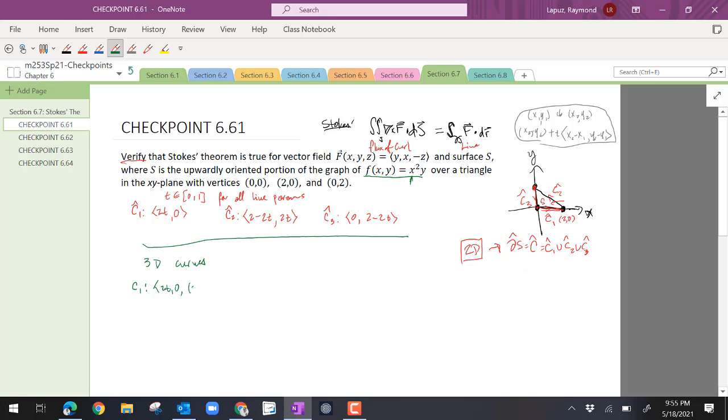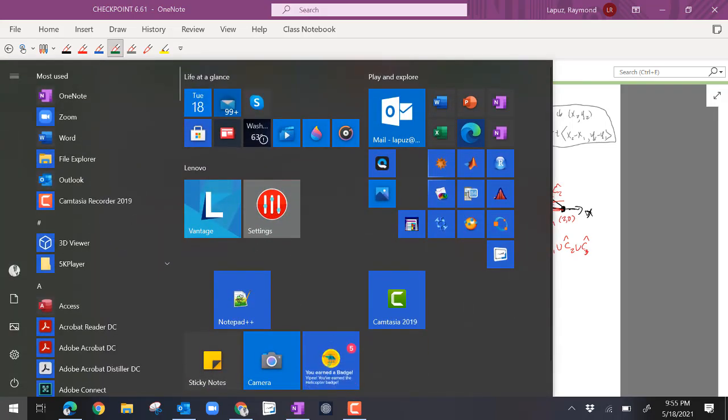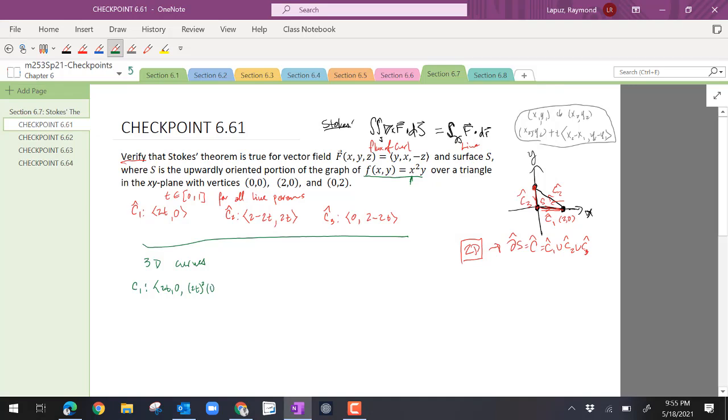So x is equal to 2t quantity squared, and the y, which is 0. So that's essentially going to knock out this third component of this parameterization.